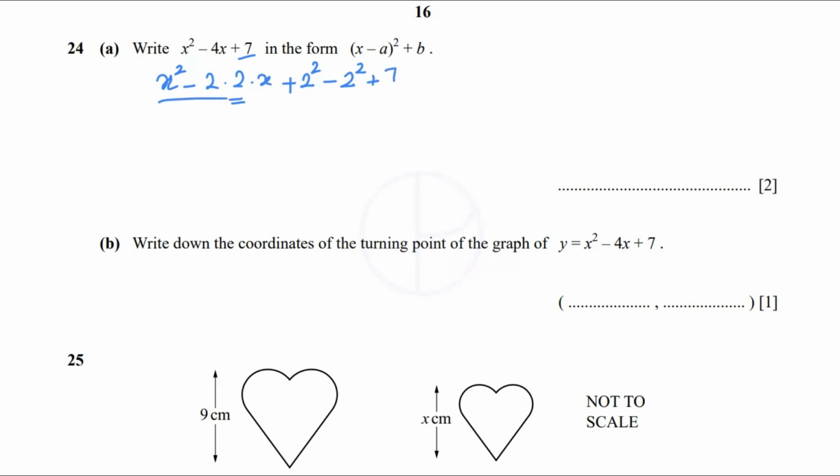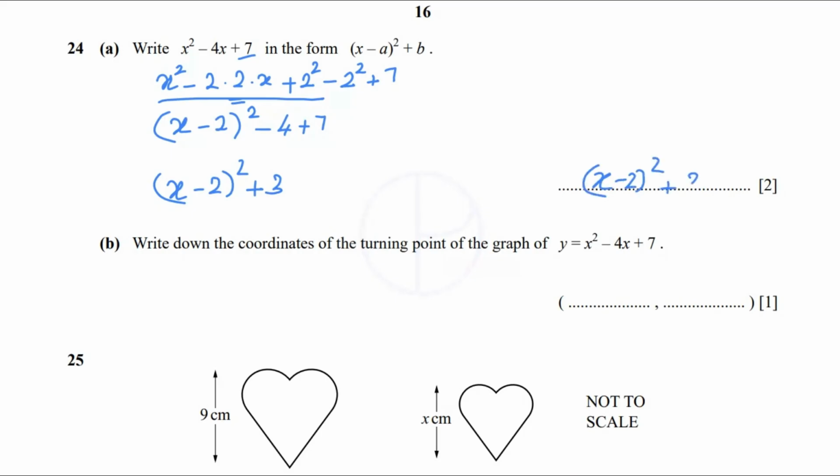Now combine these terms. This can be written as (x minus 2) the whole square, minus 2 square is 4, plus 7. So (x minus 2) the whole square minus 4 plus 7 is plus 3. So (x minus 2) the whole square plus 3.